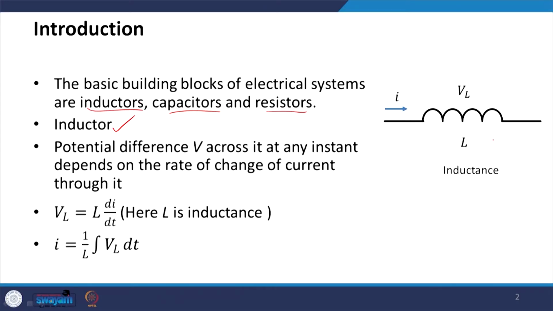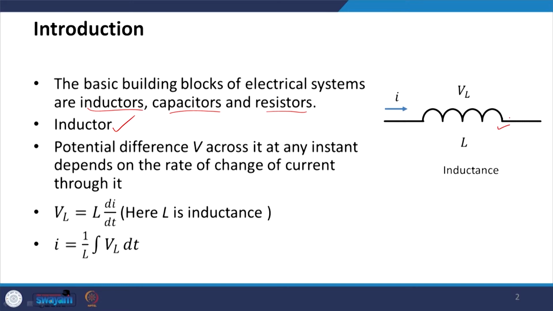The basic building blocks of an electrical system are the inductor, capacitor and resistor. First, let us look at the inductor. This is the symbol for an inductor.